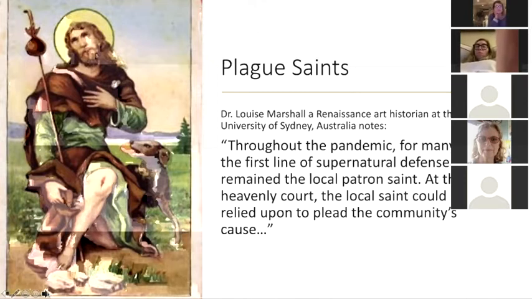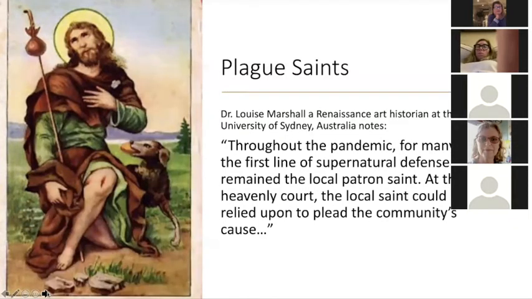And Dr. Louise Marshall, an art historian at the University of Sydney in Australia, suggests that the saints associated with the city provided a link between the earthly world and the heavens, and so they kind of provided a city.